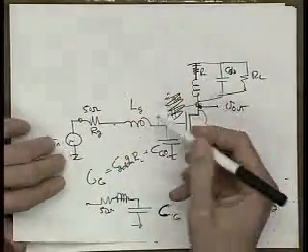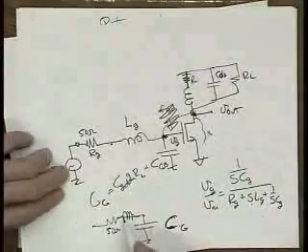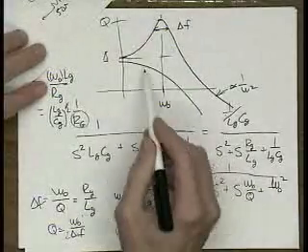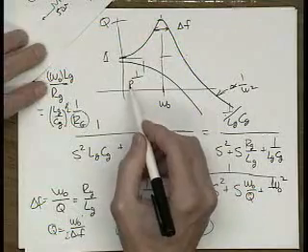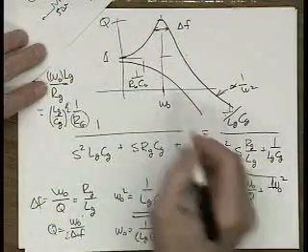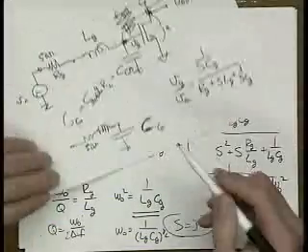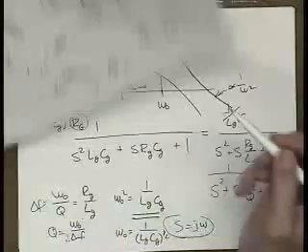In other words, by using these inductors, we not only get rid of the roll-off from this CG. This thing would have done something like this, at 1 over, I'm not sure what the bandwidth has been, 1 over RGCG. That would have rolled off like this. It actually went the other way. It actually helped us. We got rid entirely of the effect of CG and actually made this thing peak up.